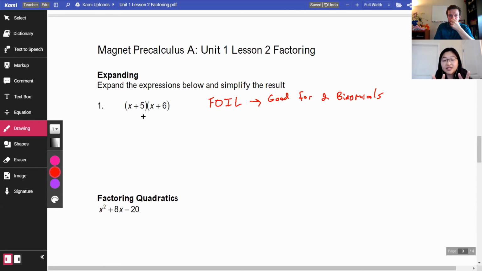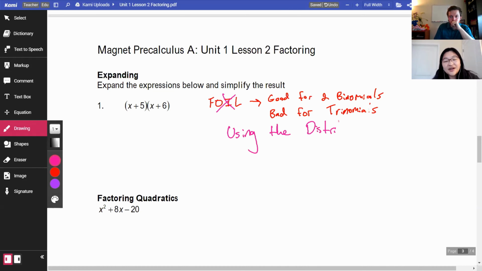So foiling is only good for 2 binomials. If you suddenly throw a trinomial into the mix, FOIL no longer works. So the more generalizable way of expressing yourself and sounding educated, because you are educated, is I would like for you to call it using the distributive property. But if you slip up and you call it FOIL, I will not be that upset, but I might laugh at you under my hand.